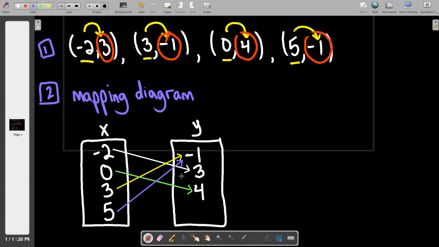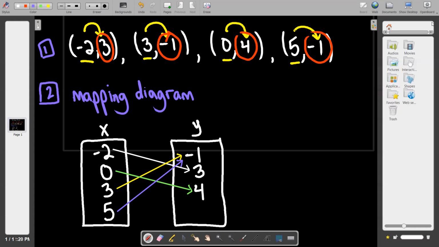So far, we've talked about this. You can see a relation just as a listing of X's and Y's. You can see a relation as a mapping diagram. Like in this case, if I gave you that mapping diagram, you should be able to tell me what is going on. Like, what are the ordered pairs? The third one is actually just a graph.